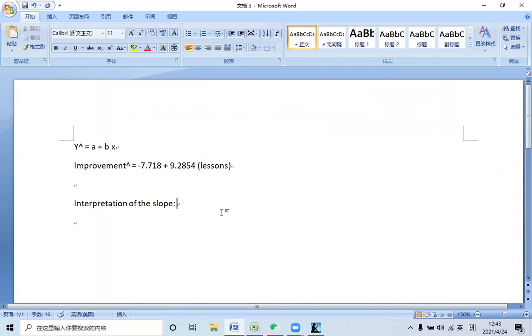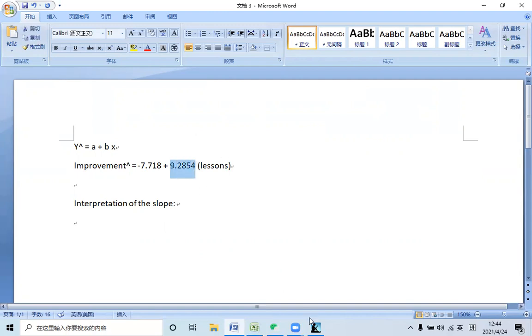Increase by how much? If you take one more lesson, remember there are 10 lessons altogether, if the number of lessons you take increases by one, taking one more lesson would lead to 9.2854 units of improvement in your predicted improvement.